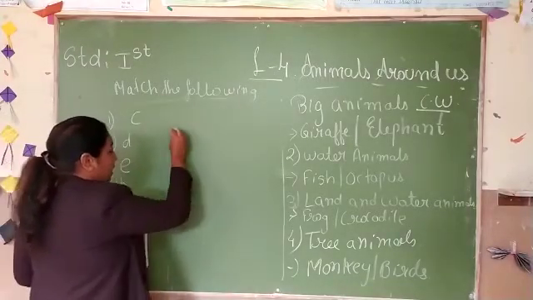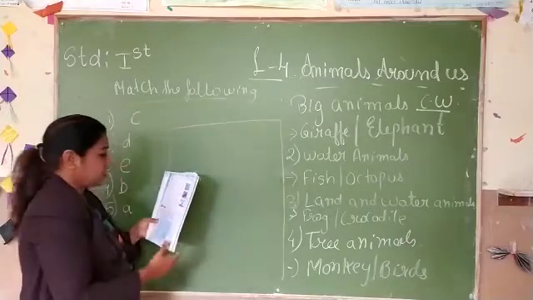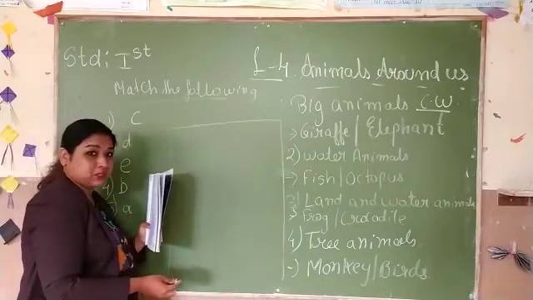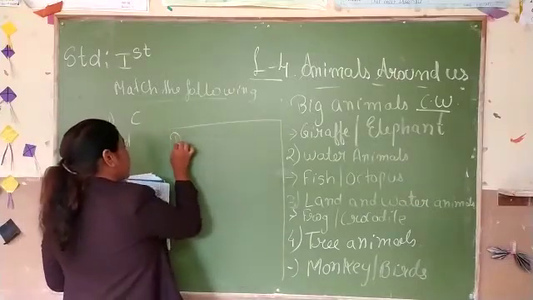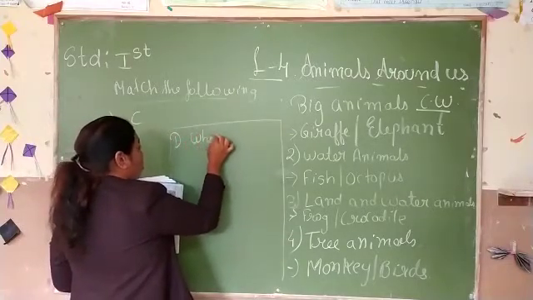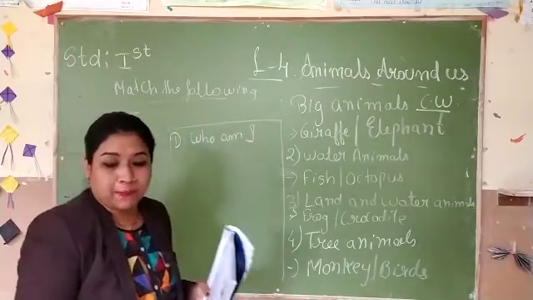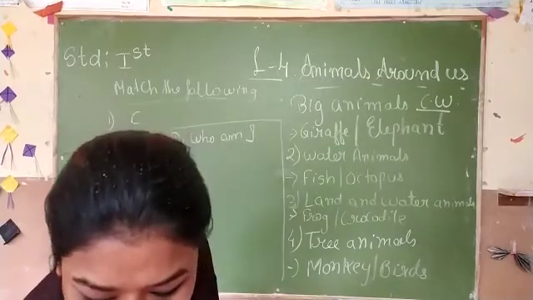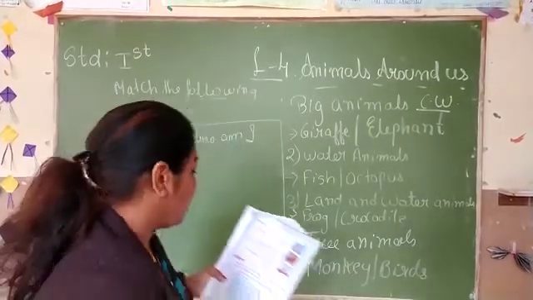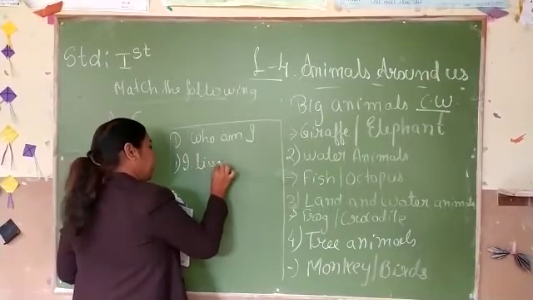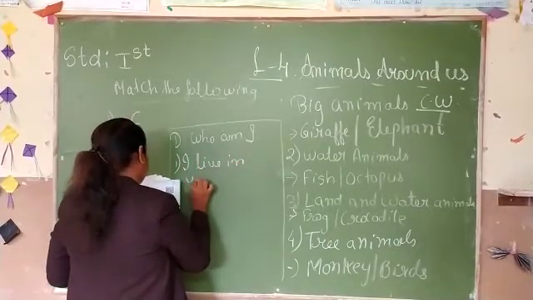Now just see the second one. D1, the question 33. This you will do in the classwork copy. The D1 is, who am I? Right? Who am I? First, I live in water.